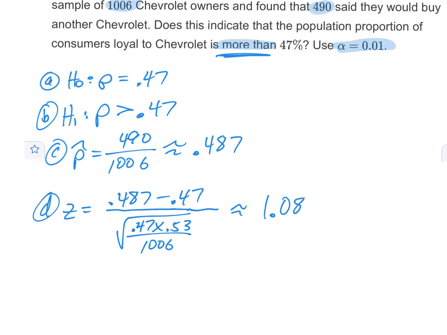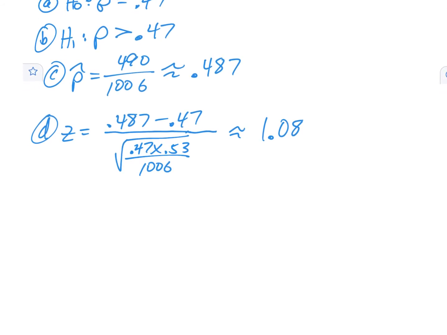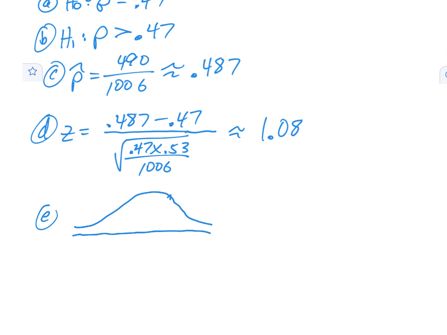Positive 1.08. It should be positive because we're doing a more than problem. Question E, we are going to draw our standard normal curve. We're going to put 1.08 here. We're going to know that we're supposed to find that percentage.